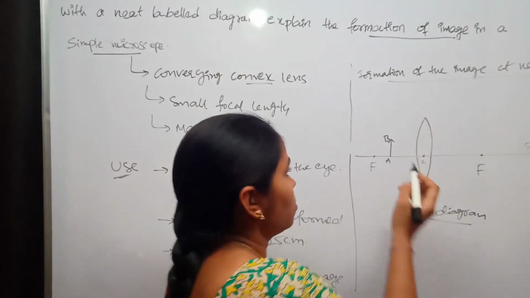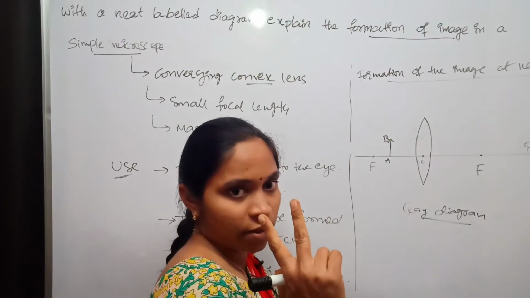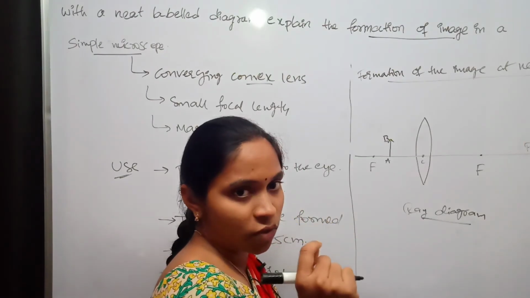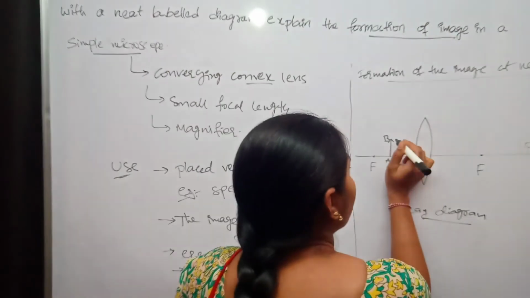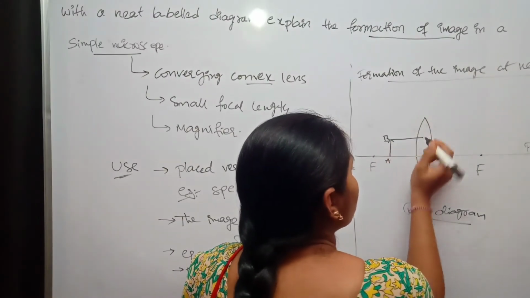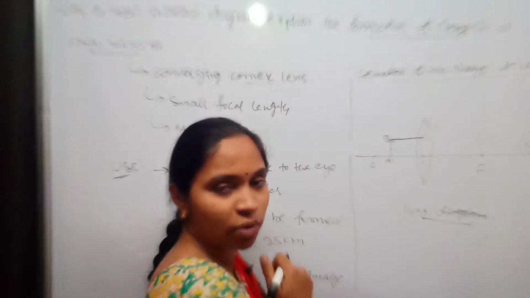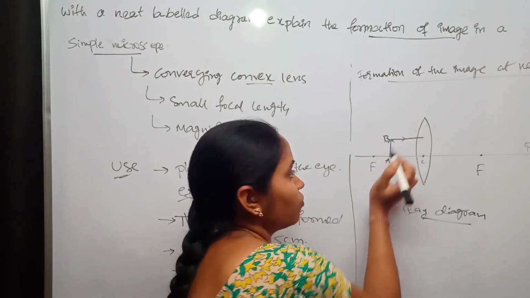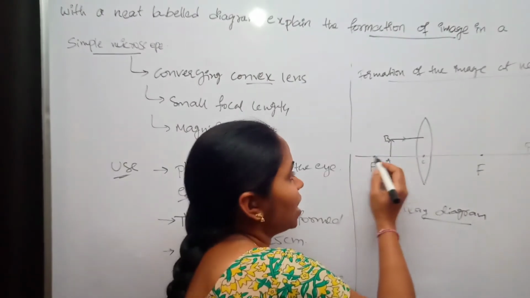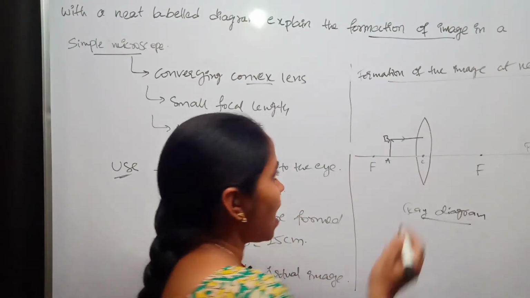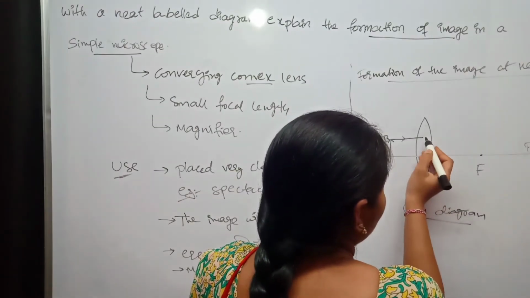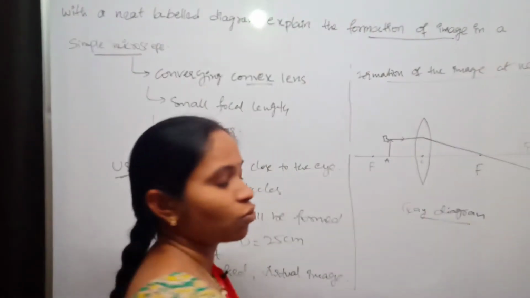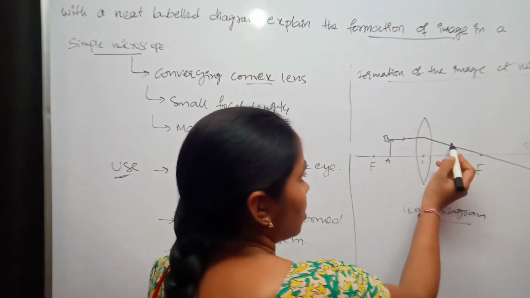I am choosing two rays for observing the formation of the image. I am taking a ray from the tip of the object which is parallel to the principal axis, and this ray gets refracted and passes through the focus.